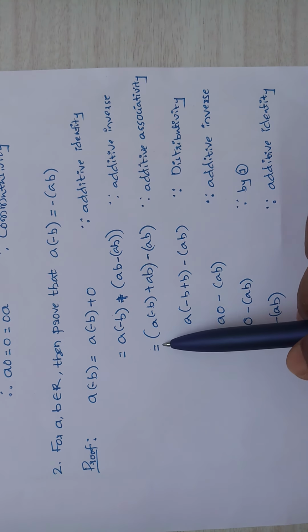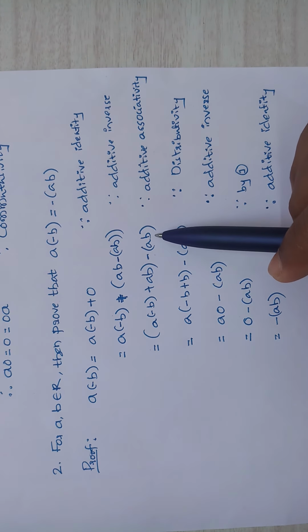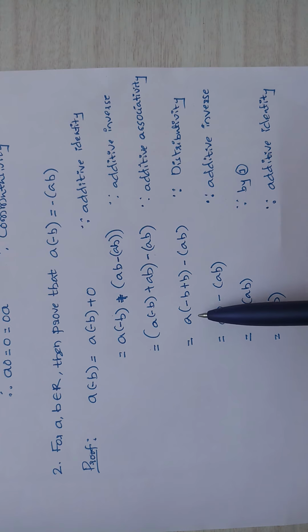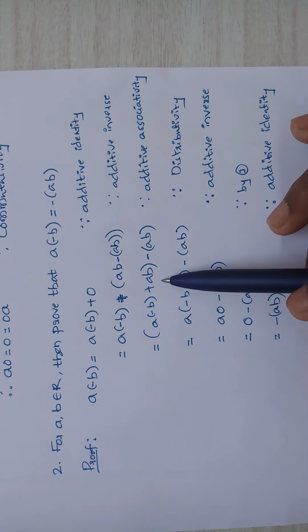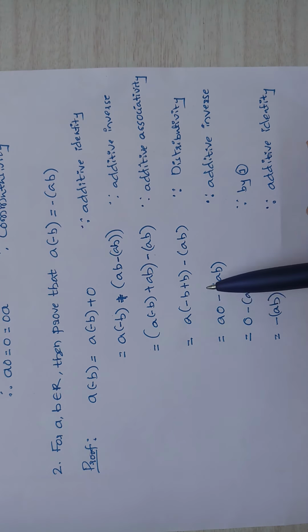Next, using additive associativity, I take A into minus B plus AB minus AB. So this is equal to what? Using distributive law, I take A as common, so minus B plus B. Minus B plus B is equal to 0, using additive inverse.